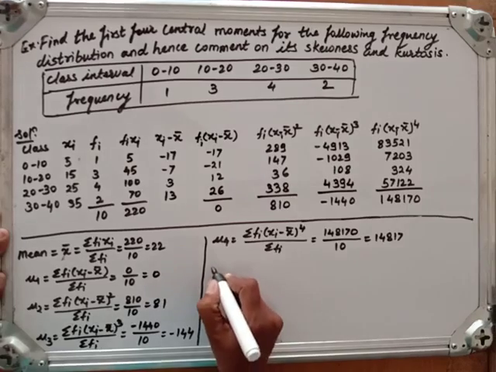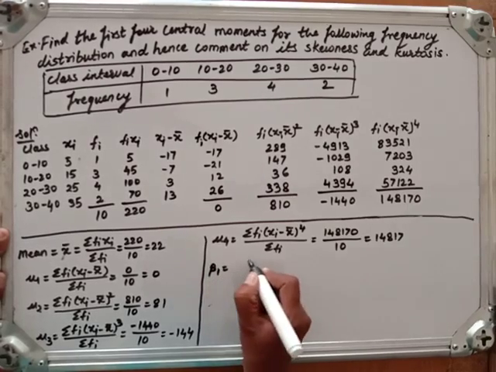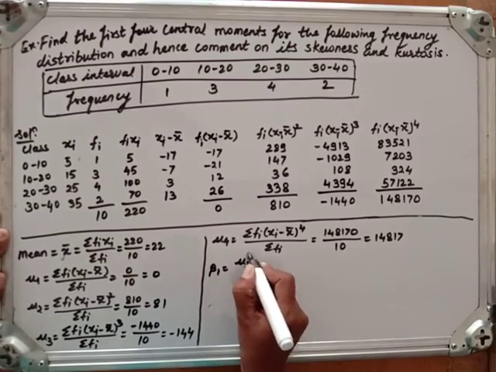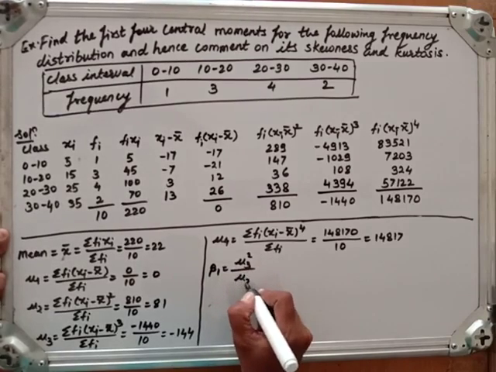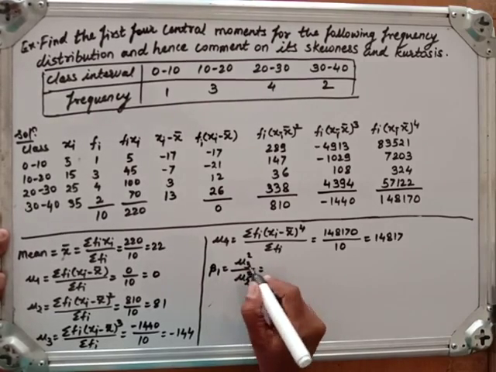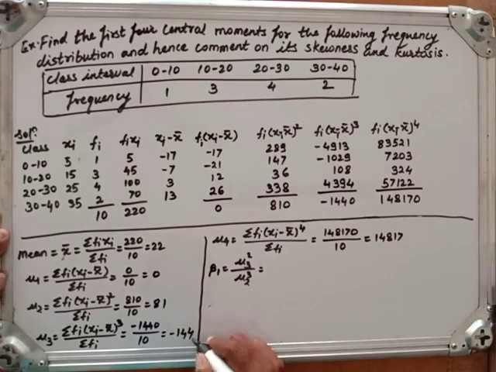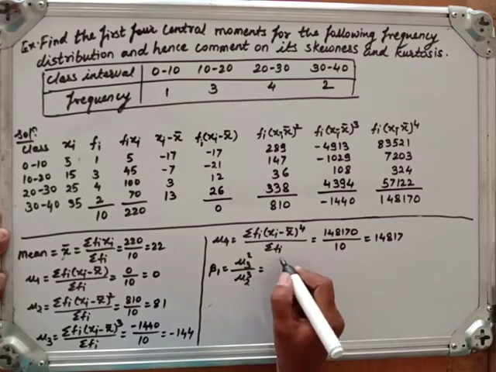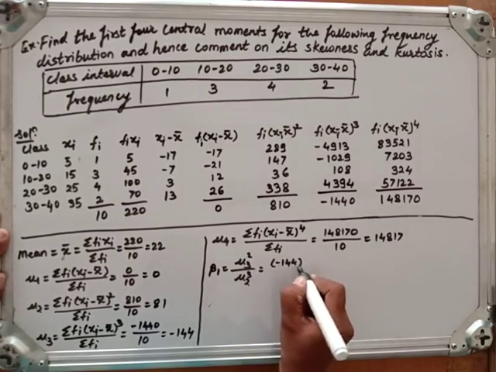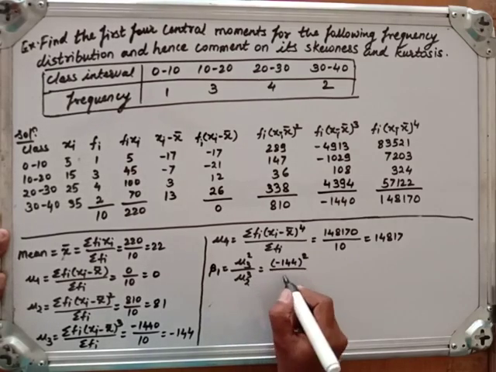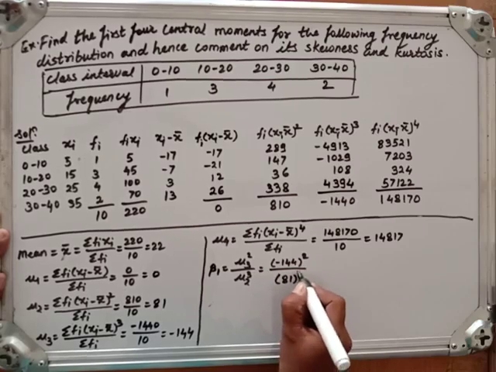So let me find beta 1. What is beta 1? Beta 1 is mu3 square upon mu2 cube. So mu3 square, what is mu3? It is minus 144 square upon mu2 cube, which will be 81 cube.